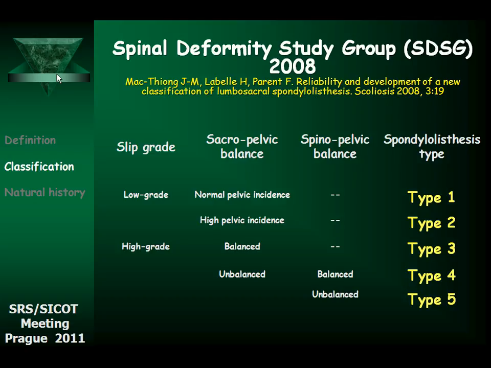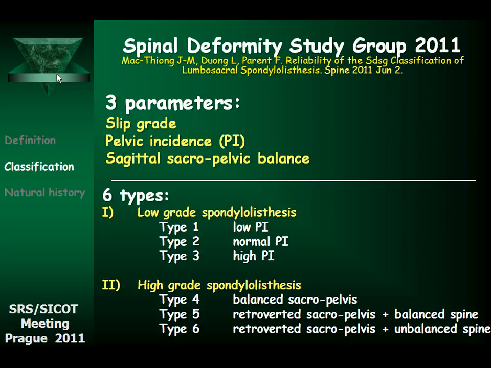The Spinal Deformity Study Group in 2008, by the same authors, divided spondylolisthesis in this table. That means again 5 main types, from low grade with normal pelvic incidence and normal spinopelvic balance to the most severe, type 5, with unbalanced spinopelvic balance.